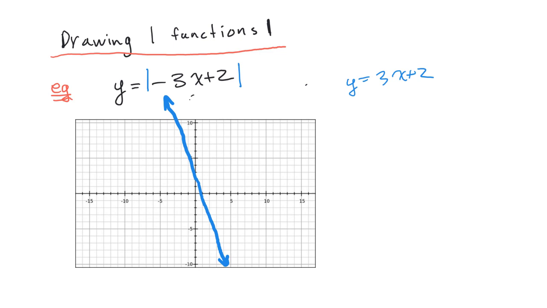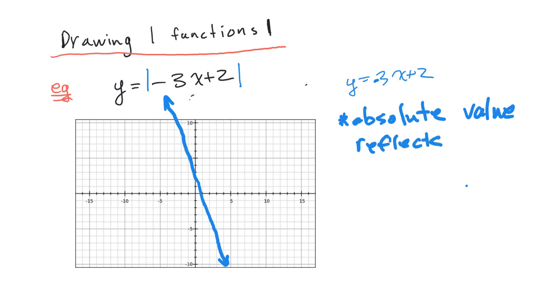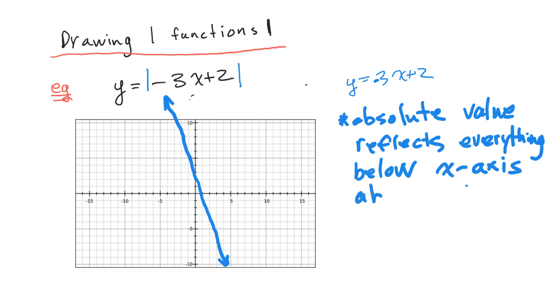What's crazy is the absolute value literally just reflects everything below the x-axis above it.